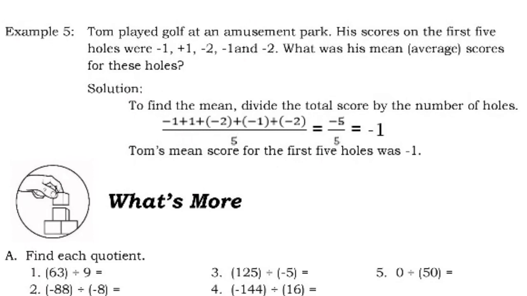So adding here, negative 1 plus 1 is 0. Then negative 2 plus negative 1 is negative 3. Plus negative 2 is negative 5. So you're going to have negative 5 over 5. So negative divided by positive. So the answer here is negative 1. So Tom's mean score for the first 5 holes was negative 1.